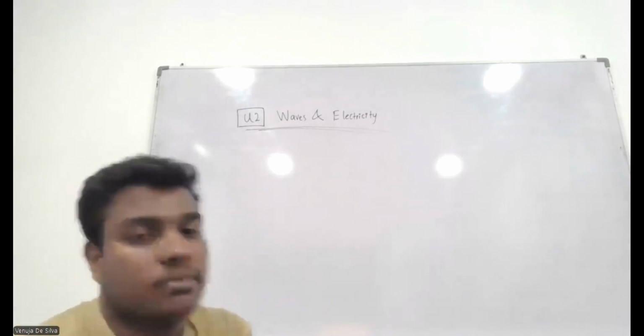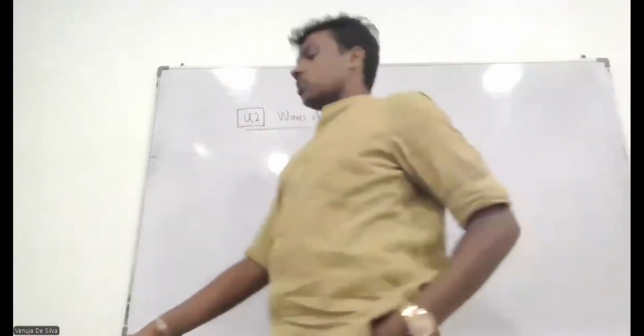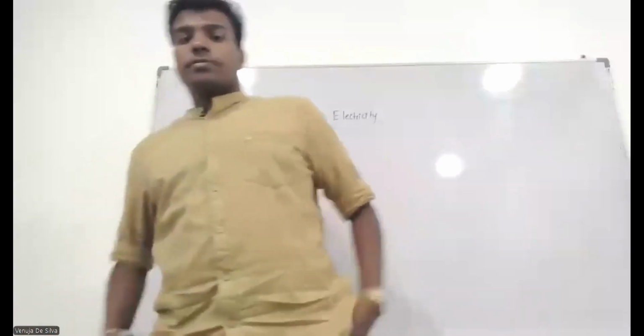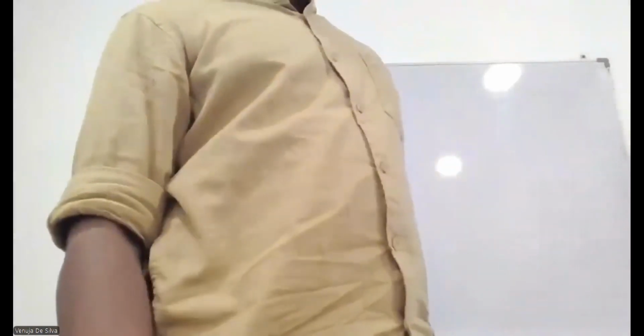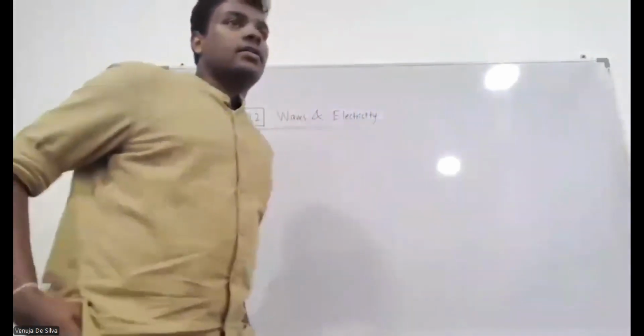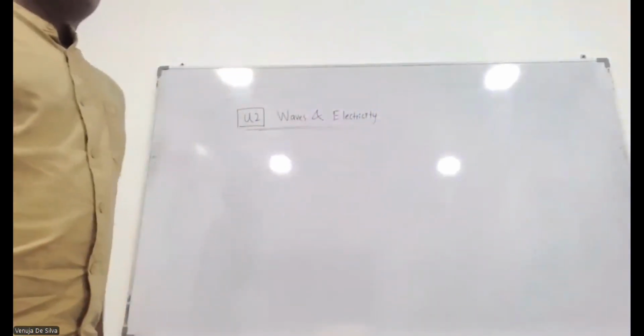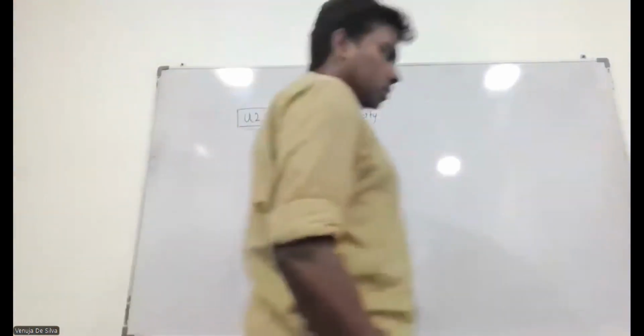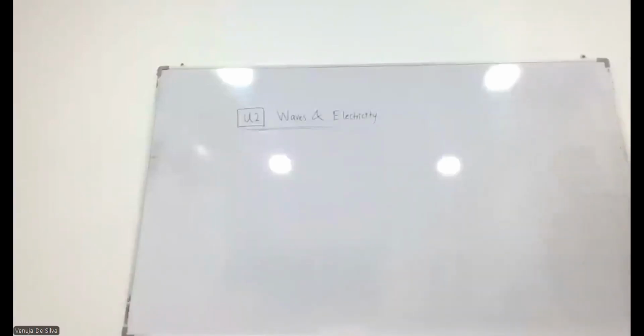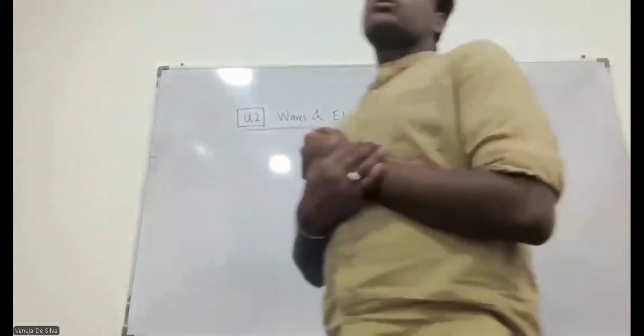Centimeters to meters per second, which is multiplied by 10 to the power minus 2. Then it becomes 1 times minus 1. Right? For the conversions, use the calculator.